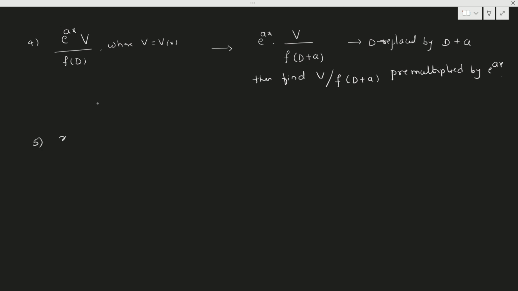Fifth type, x into v divided by f of D, such that v is equal to v of x. In such a case, the particular integral will be of the form x minus f dash of D divided by f of D into v divided by f of D. This is the last form of particular integral.